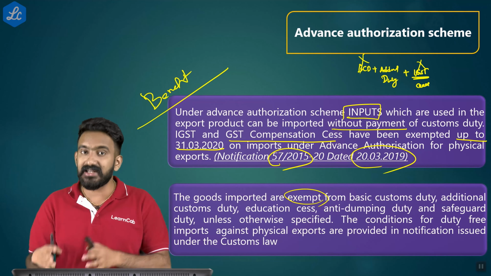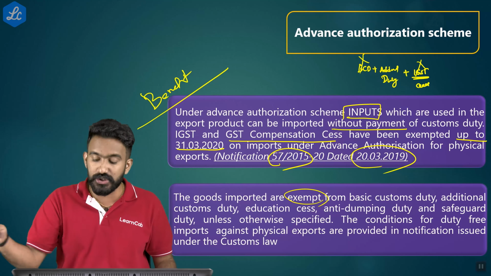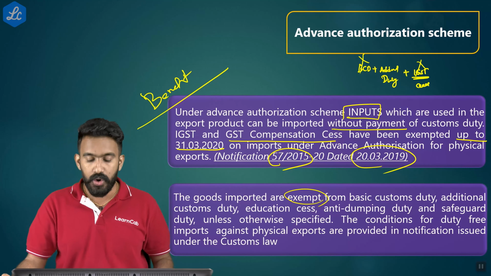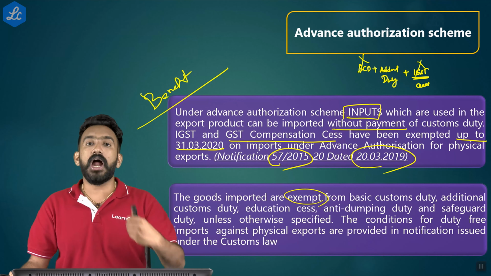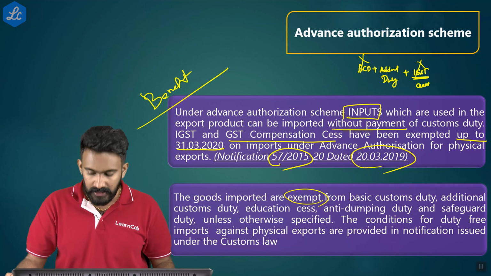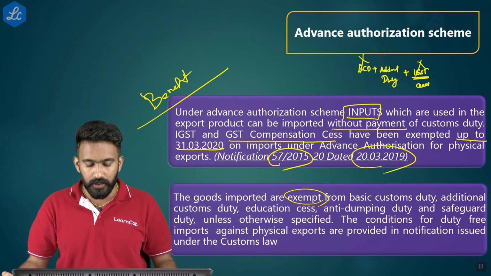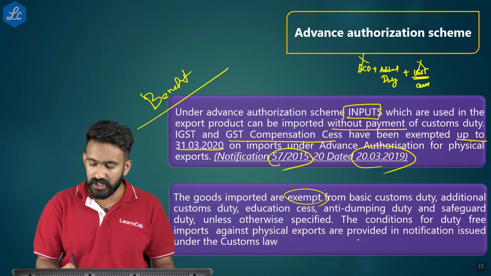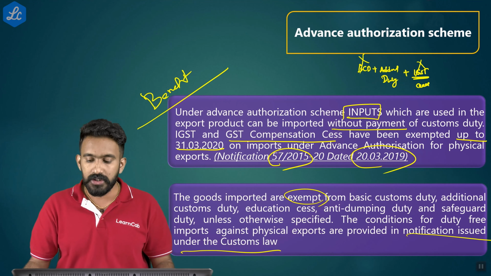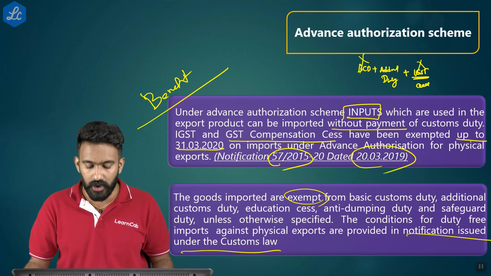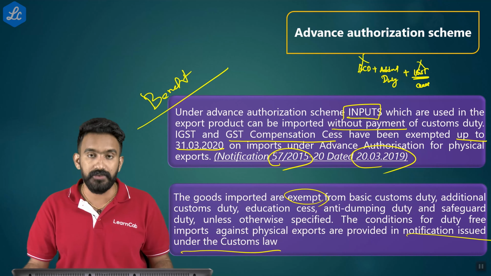But generally, unless otherwise specified, all these duties are exempted on import of inputs under advanced authorization. Conditions for duty-free imports against physical exports are provided in a notification issued under customs law. So there has been a notification on the conditions of these duty-free imports.